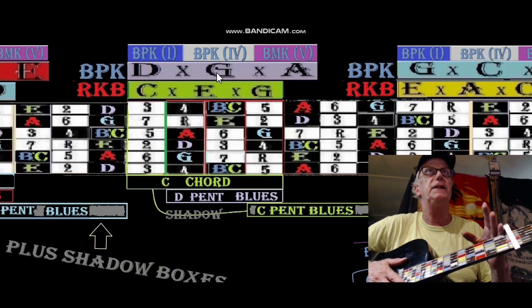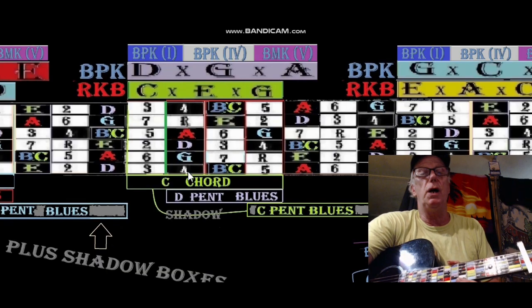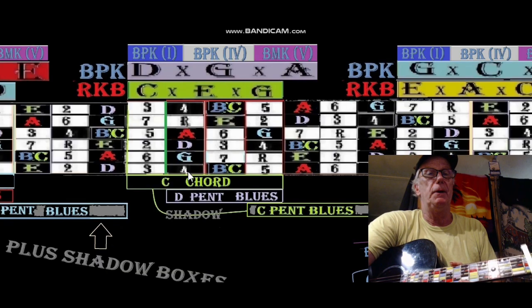We don't have to play that because the D pent blues starts one shape up.